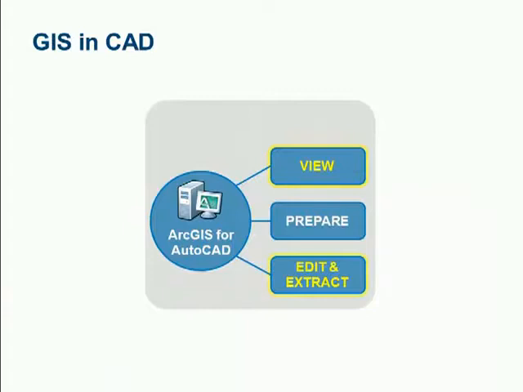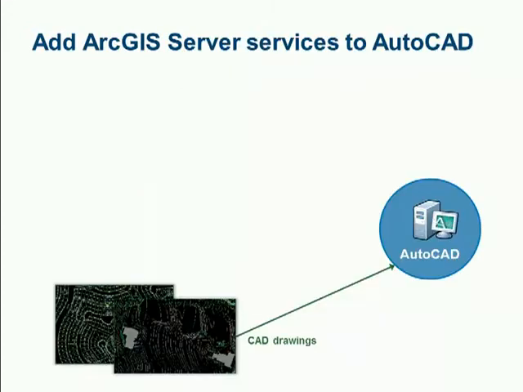As we have previously seen, services can be used for context and inquiry as a CAD drawing is being worked on. In addition, it's possible to push and in fact pull content to and from the geodatabase directly using a feature service rather than a map service. You will see this in the following section as I do the demonstration.